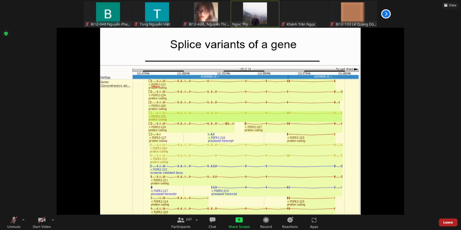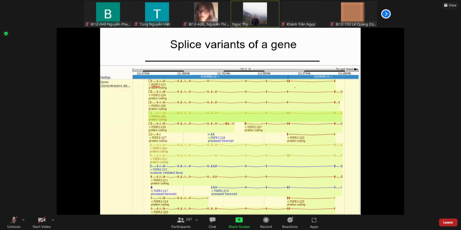But anyway, you can see that this is another really big gene, including many different exons here. The first exon here is actually the 3' UTR. Here we have different transcript variants of the gene.